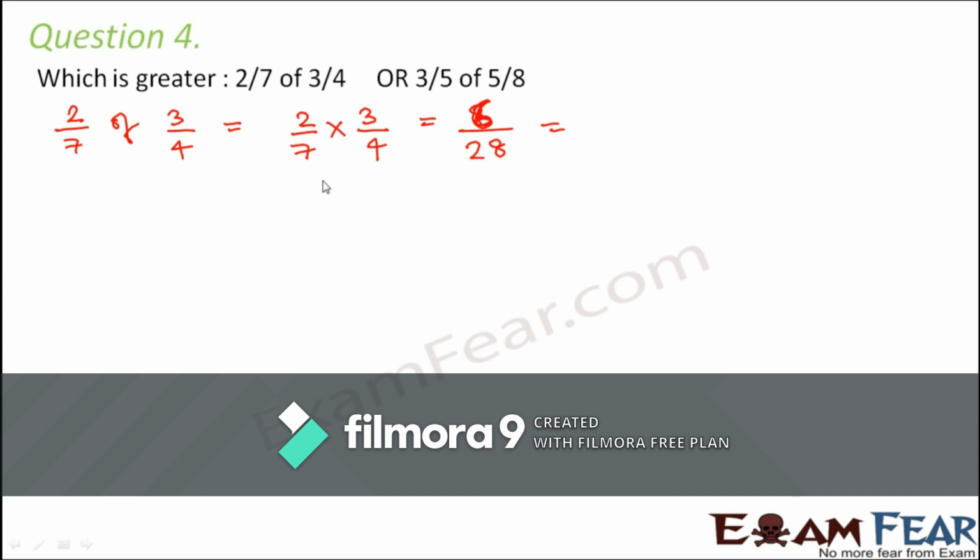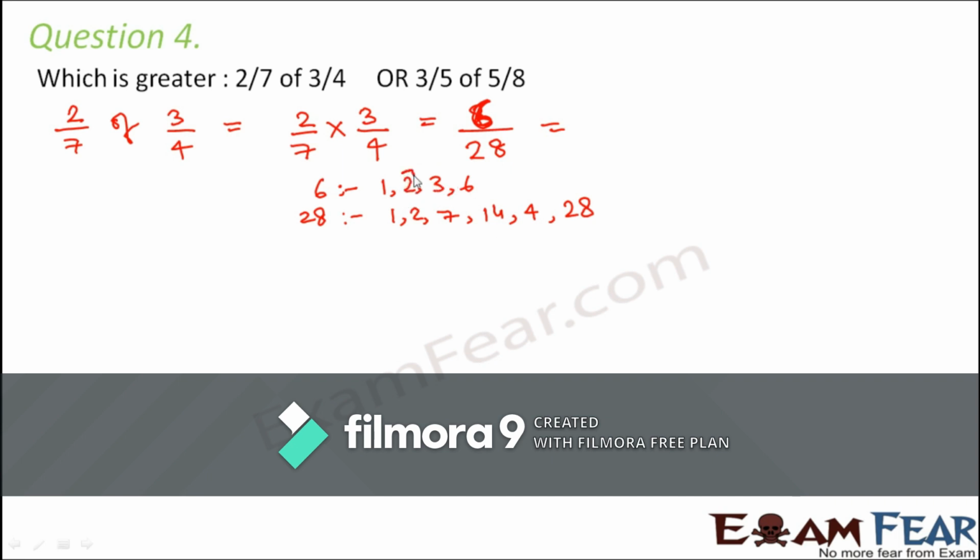So how can we reduce it? Let's write the factors of 6: 1, 2, 3 and 6. Let's write the factors of 28. That is 1, 2, 4, 7, 14 and 28. So these are the factors. Which is the highest common factor?